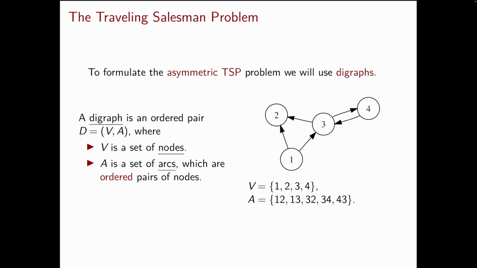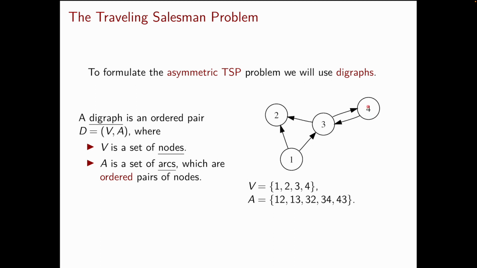Now let's focus on the asymmetric TSP, which is really the most general type of TSP. And let's formulate it using D-graphs, also called directed graphs. A D-graph is an ordered pair D equal to (V, A), where V is a set of nodes and A is a set of arcs. Every arc is an ordered pair of nodes. We have an example here on the right where the nodes are 1, 2, 3, and 4.